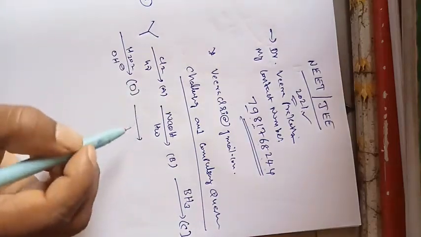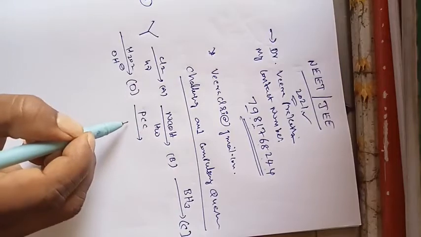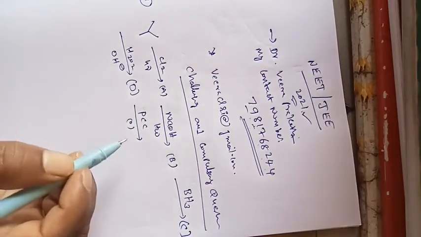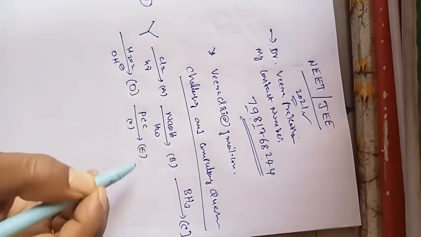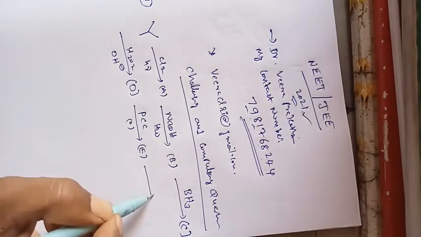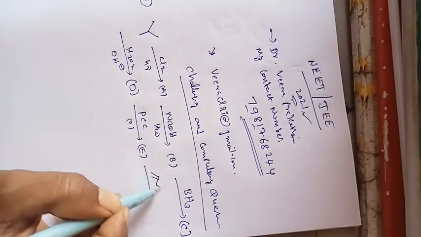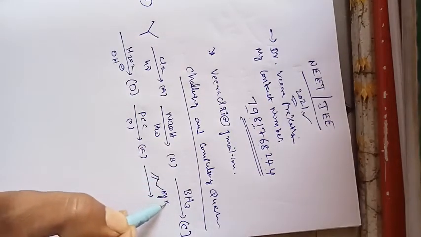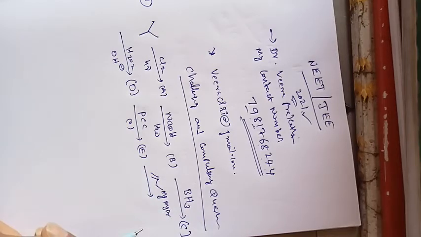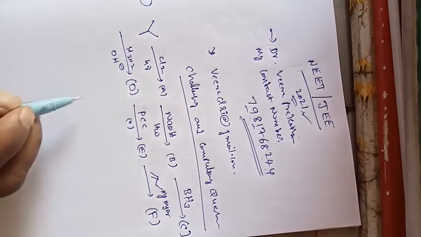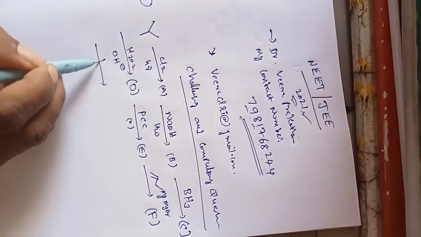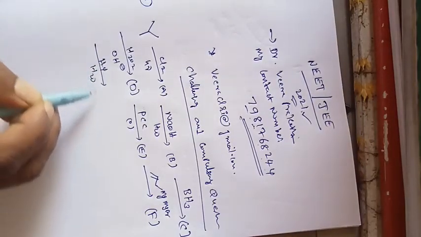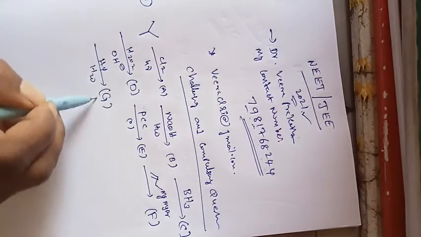Again PCC oxidation, E product. Again reaction with allyl magnesium bromide, F product. Again HCl hydrolysis gives the G product.